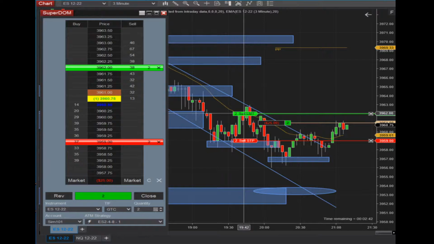I want to give it a little bit of breathing room. I've got a little bit. This candle has got to be it. If it doesn't go up, it's coming down. Come on now.